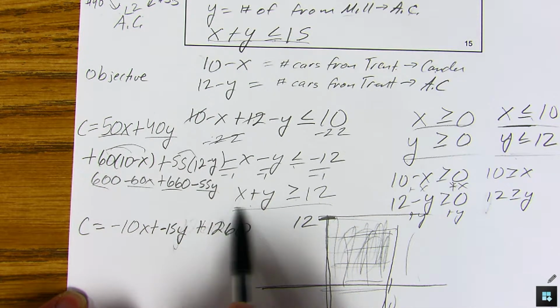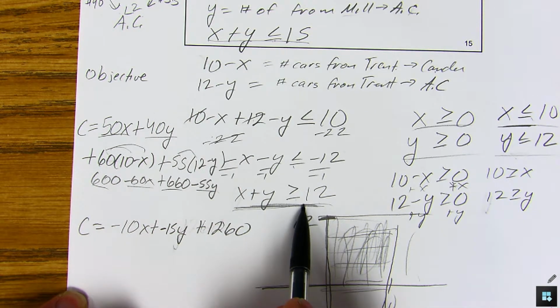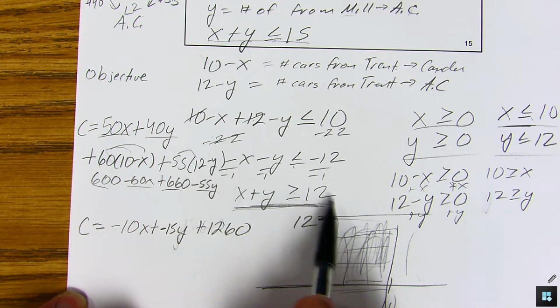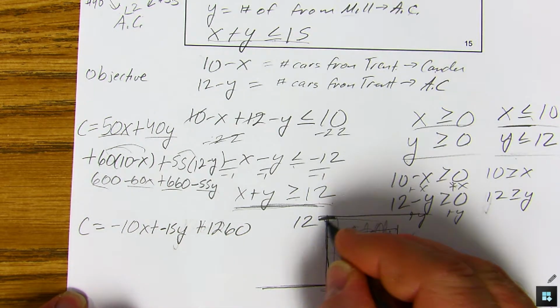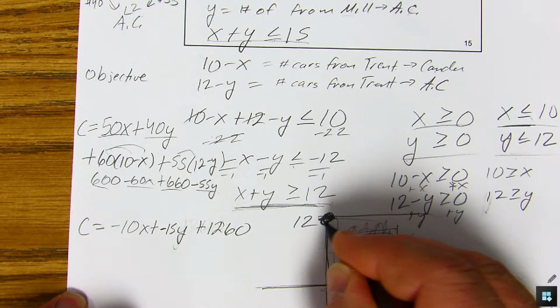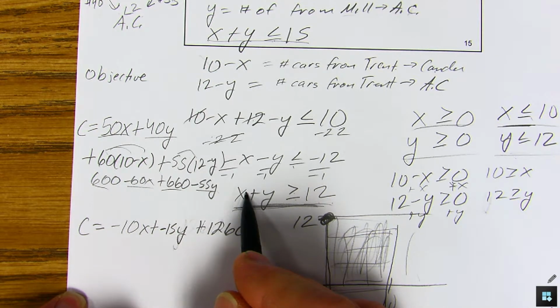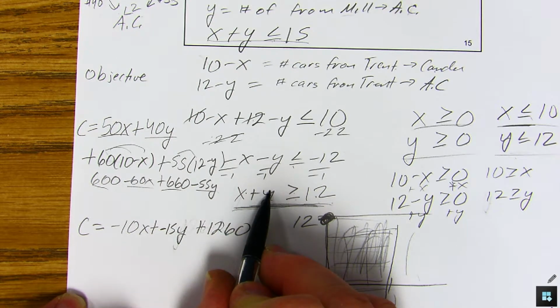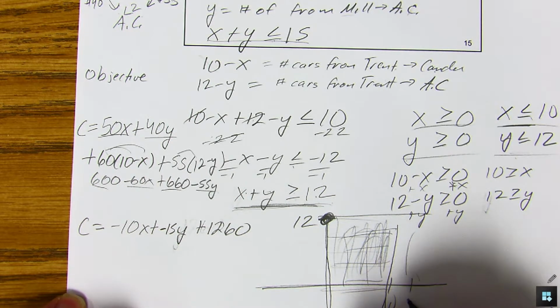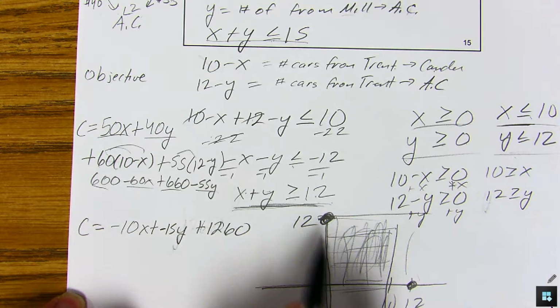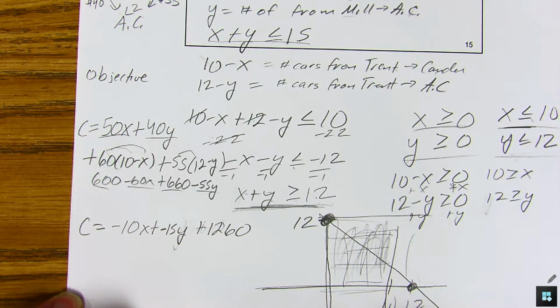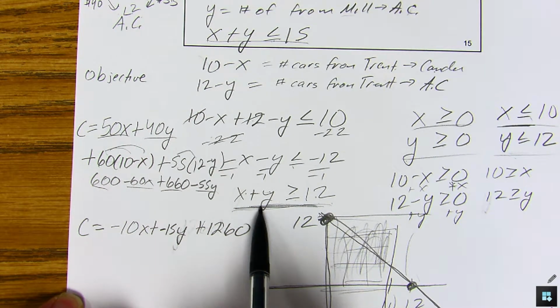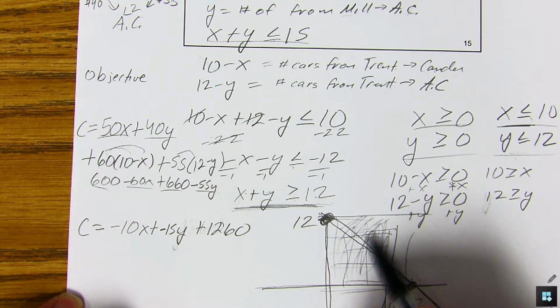We also have this equation right here. It says x plus y has to be greater than or equal to 12. So that's going to have a y-intercept of 12: if I put in 0 for x, y equals 12. If I put in 0 for y, I get x equals 12. So come here to 12, and that's this point right here. So that's this line right there. And it says it has to be bigger than, so it's going to be above. So now we're only looking at this region right here.